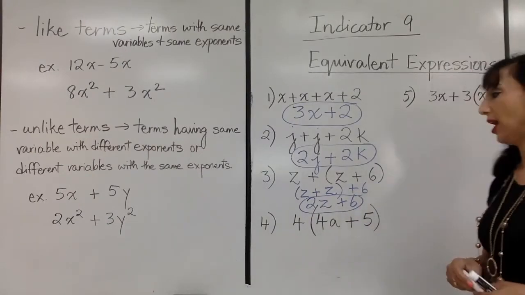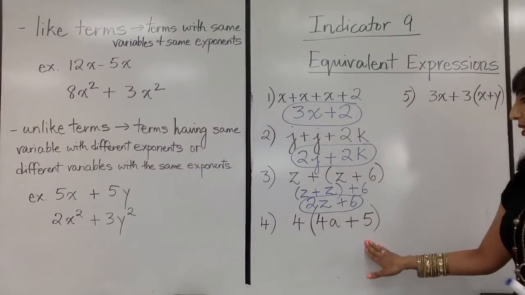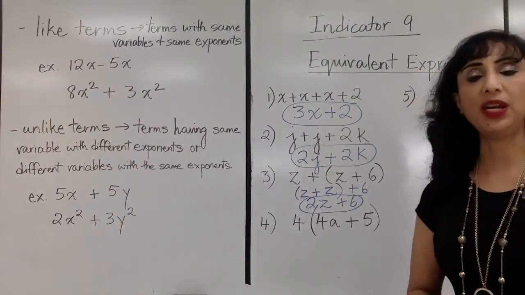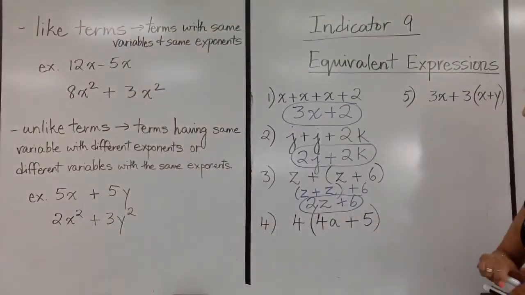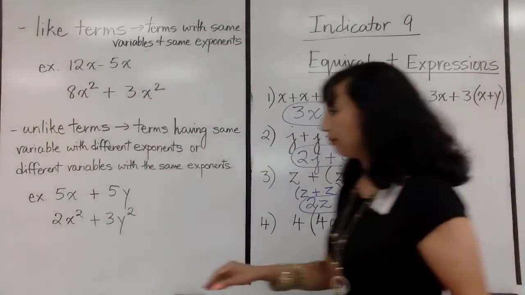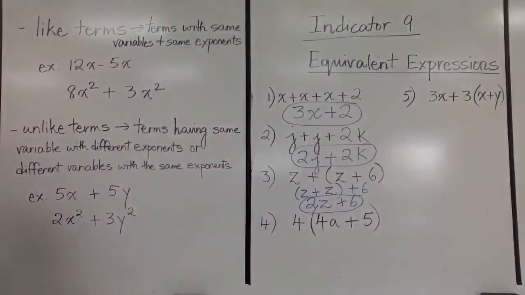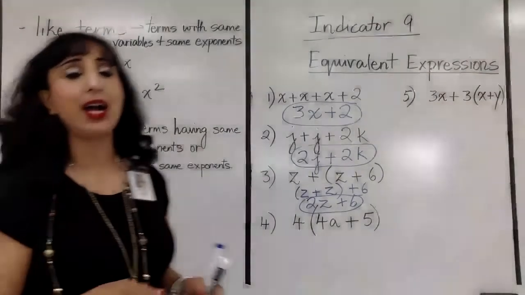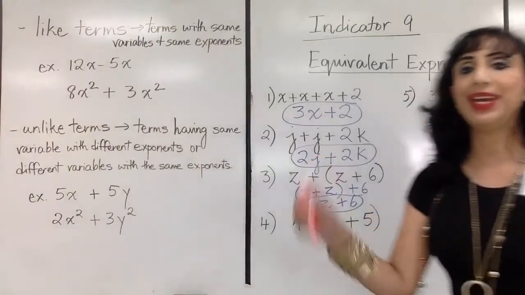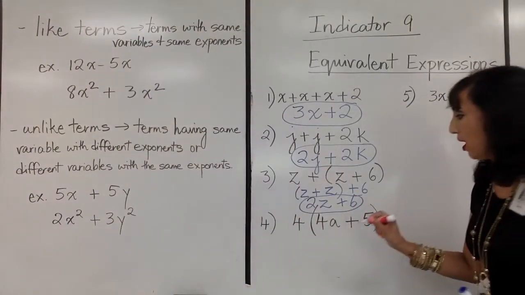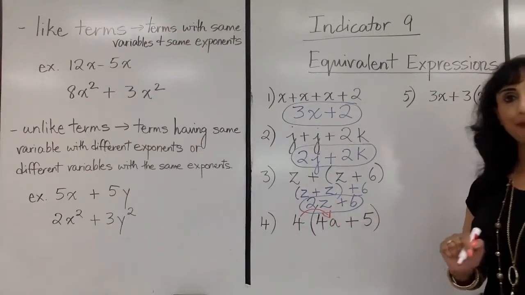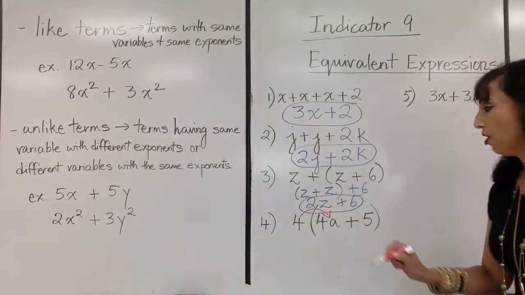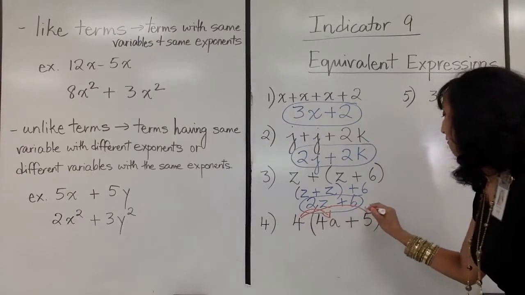All right. Now the next one, this is distributive property, which we have done before. The distributive property basically means that we are multiplying the number which is outside with each term inside. Okay. So I'm going to do 4 times 4a plus 4 times 5.